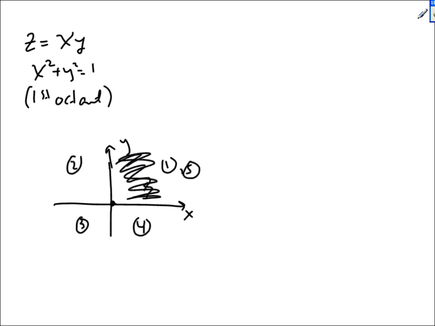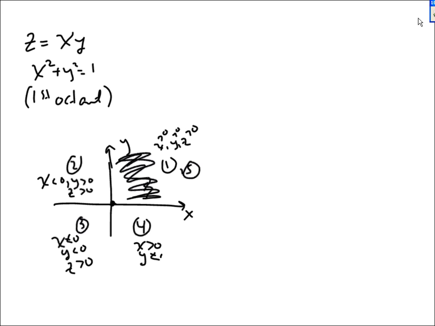So the first octant, that's where x, y, and z are positive. In the second octant, x is negative, y is positive, z is positive. Third one, x is, of course, negative, y is negative, and z is positive. Fourth one, x is positive, y is negative, and z is positive.